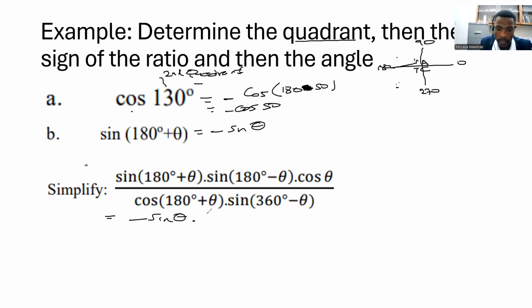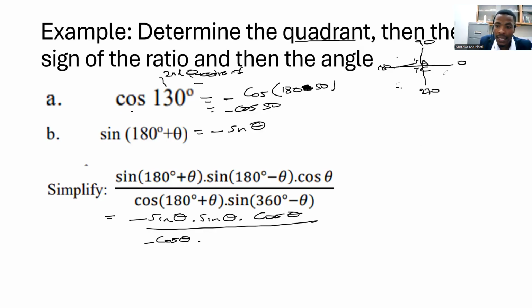All right, and indeed, so you'll say sine theta multiplied by cos of theta, divided by cos of 180 plus theta. 180 plus theta is in the third quadrant, but only tan is positive, so it means we'll have a negative cos of theta, sorry.